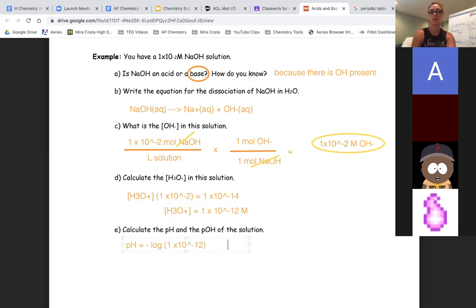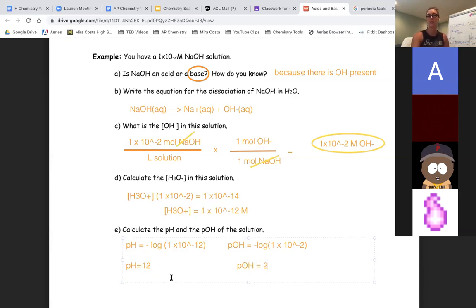And then my pOH will simply be the negative log, because that's what P means, negative log of 1 times 10 to the power of negative 2. Okay. So when you solve for that, you should find that the pH is equal to 12. Plug and chug into your calculator. Just use the log button. pOH is equal to 2.